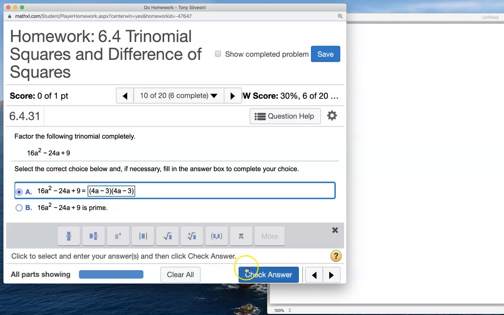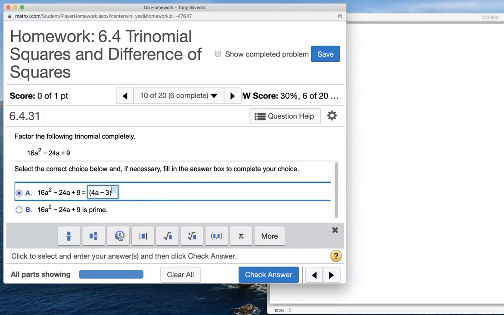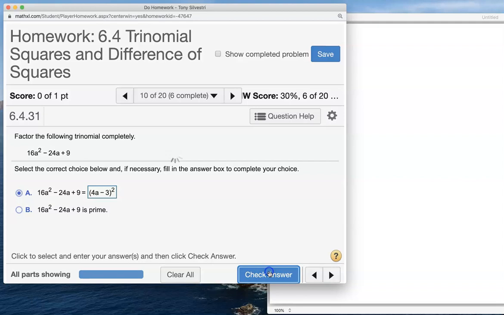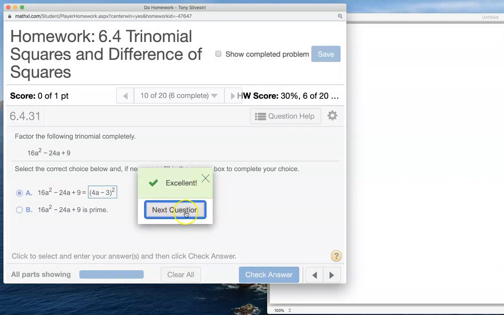That's your answer. I can click check answer and get it right, but I notice it's basically the same factor written twice, and I want to do it the cool way by saying it's 4a minus 3 squared. Okay, check your answer. There it is. That was a perfect square trinomial.